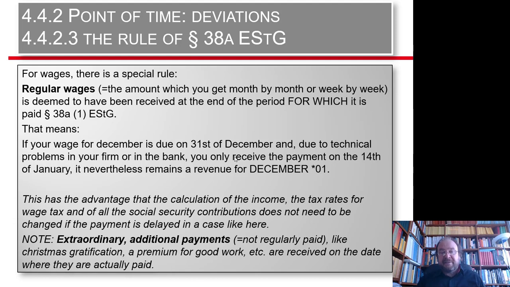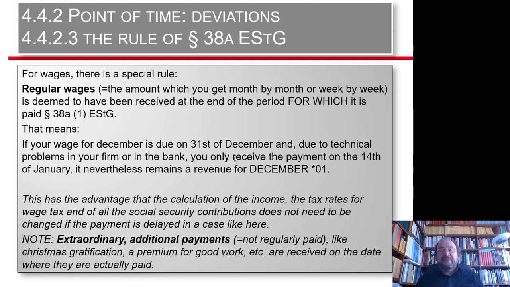That's naturally based on the assumption that your December salary is due in December. Now imagine the bank transfer goes wrong. You have a claim to get your money on the 31st of December, but the bank data goes down, computers, and due to some strange repair activities, you only get your money on the 14th of January, so after the 10 days.